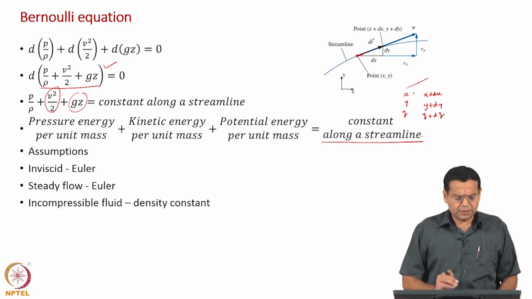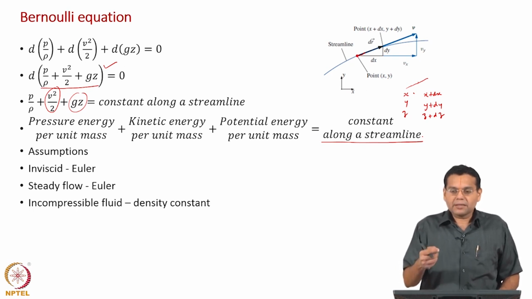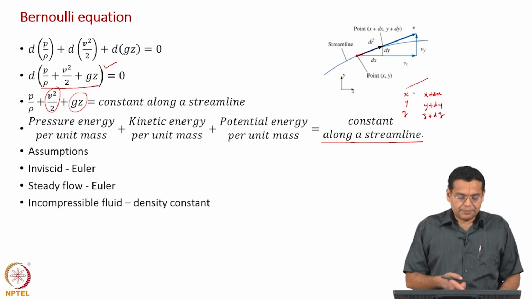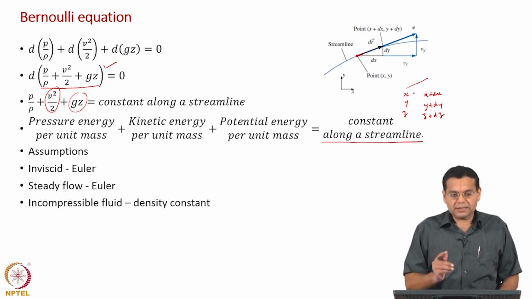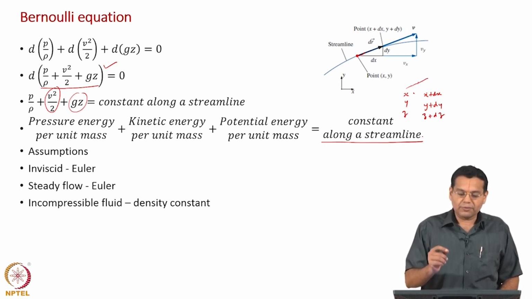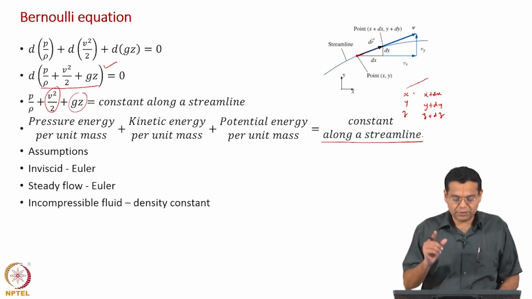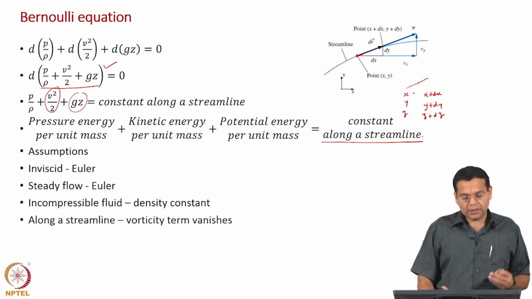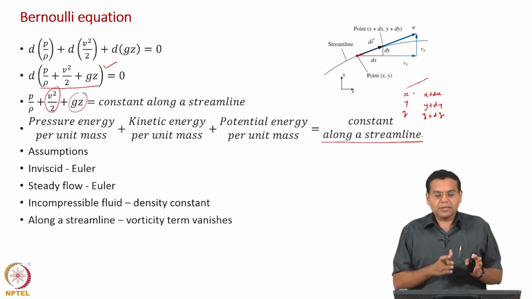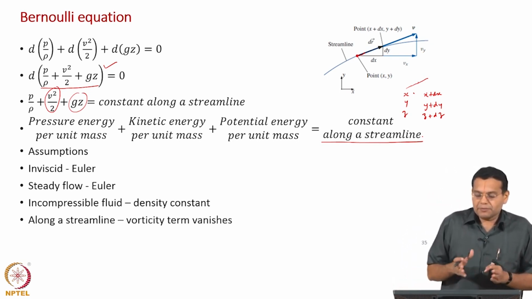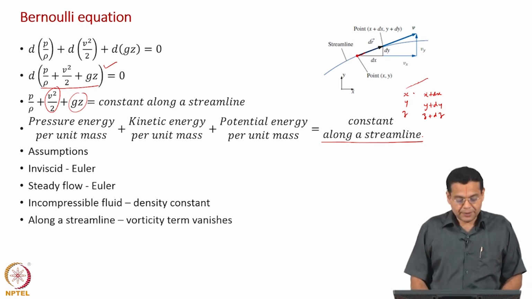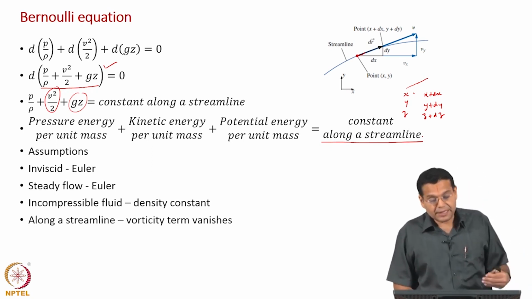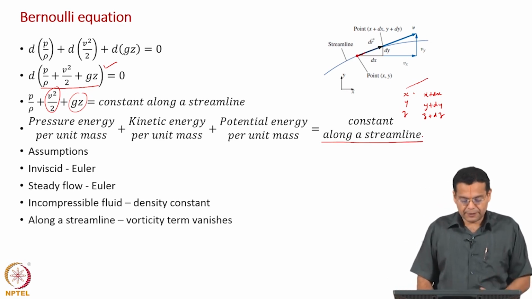In fact, not only incompressible fluid, remember when we discussed the continuity equation, it is applicable for incompressible flow also, which means that the equation I derived is not necessarily for, let us say, water, it is also for flow of air at low velocities. That is why we define incompressible flow, and along a streamline. So, Bernoulli's equation says the sum of these 3 energies is a constant along a streamline, for steady inviscid flow of an incompressible fluid.